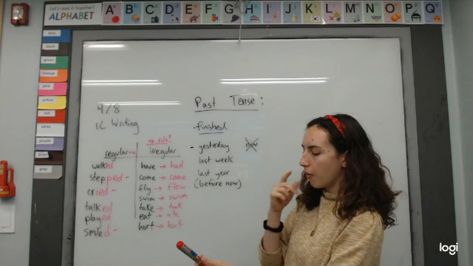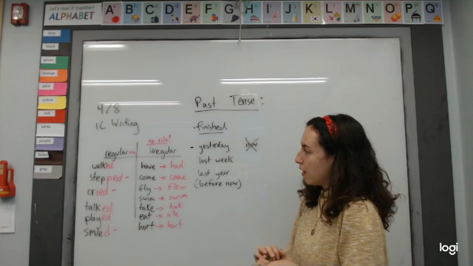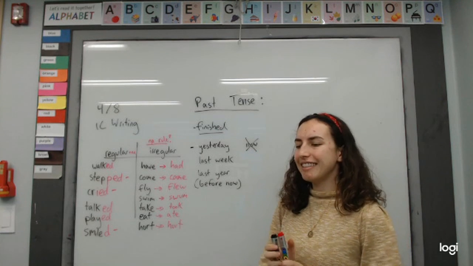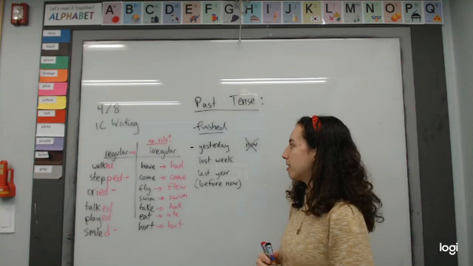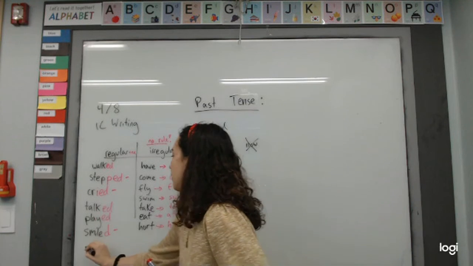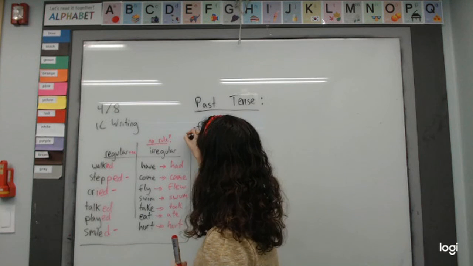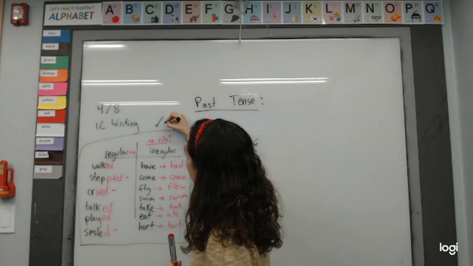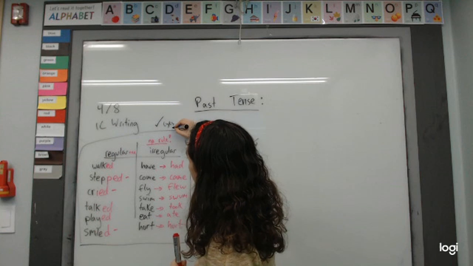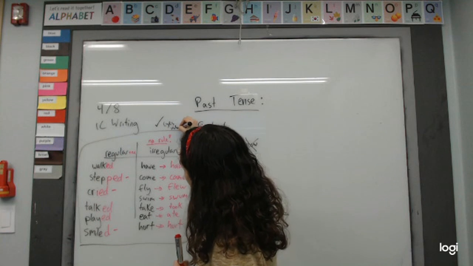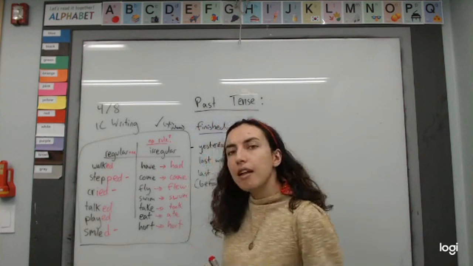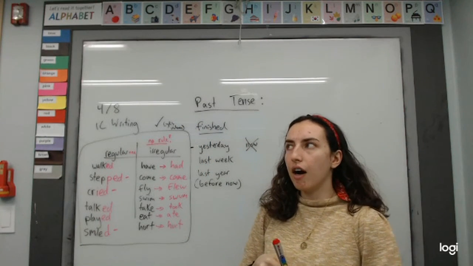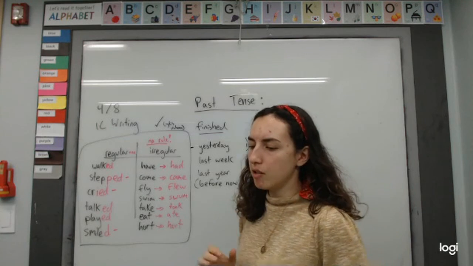So these are how we make past tense verbs. But there is something special about this. These past tense words, we only use in positive yes sentences. We don't use these words in negative no sentences or in questions.